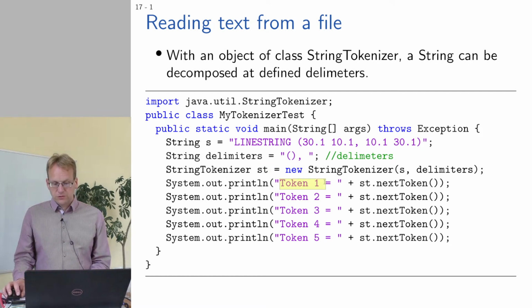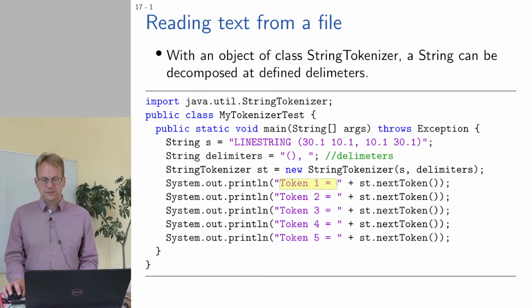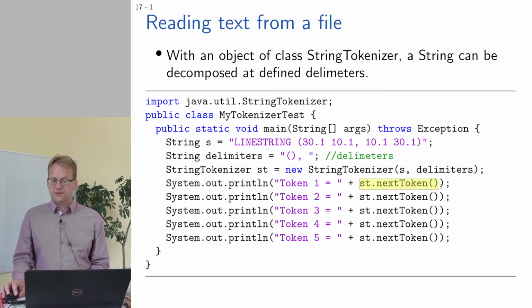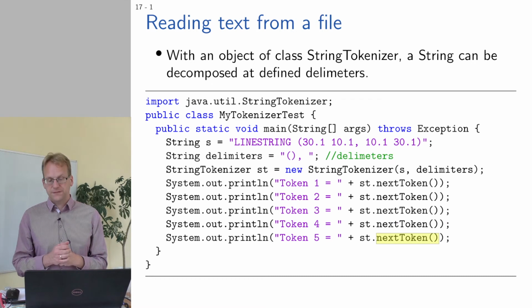Token 1 is retrieved simply by calling the instance method nextToken for my StringTokenizer object st. Then with the next call of this instance method nextToken, I will retrieve the second token, with the next call the third token, then the fourth token, and then the fifth token.